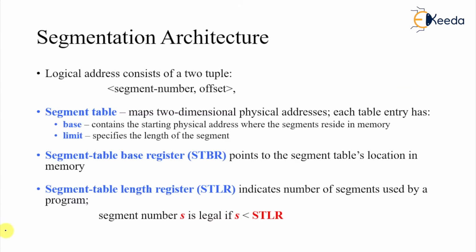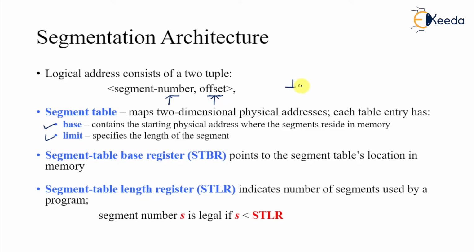Now, segmentation architecture. As we have already seen, there will be a segment number and an offset value. A segment table maps to a two-dimensional physical address, and each entry has a base as well as a limit. So we have a logical address consisting of a segment number and the offset value.